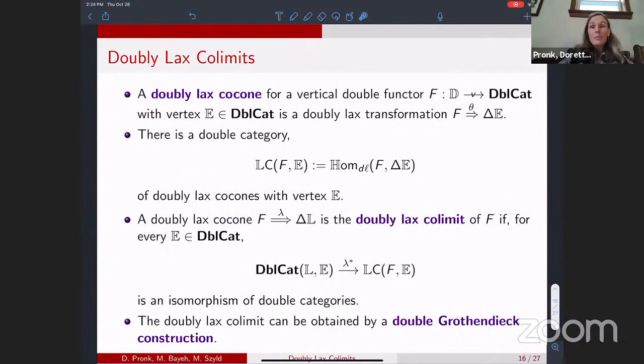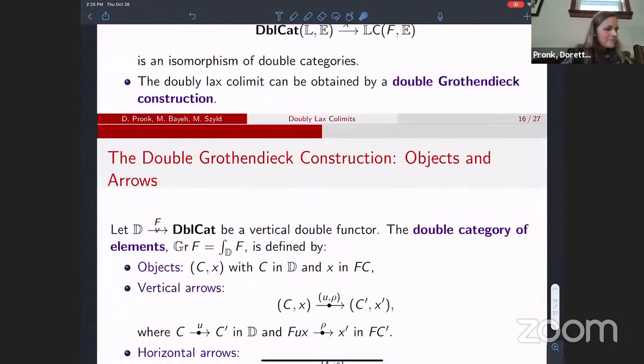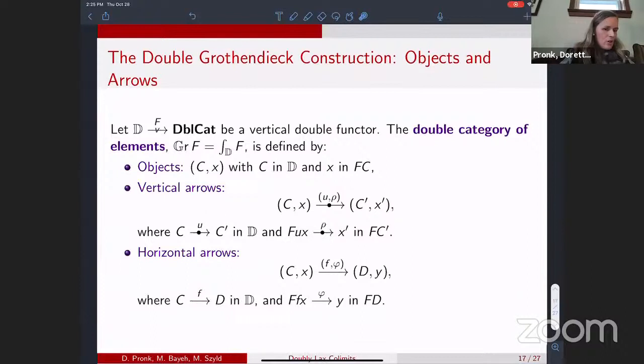And our claim today is that we can represent this doubly lax colimit using a double version of the Grothendieck construction, or a double category of elements, if you like. And it's defined as follows. On objects, remember we start out with a vertical double functor.